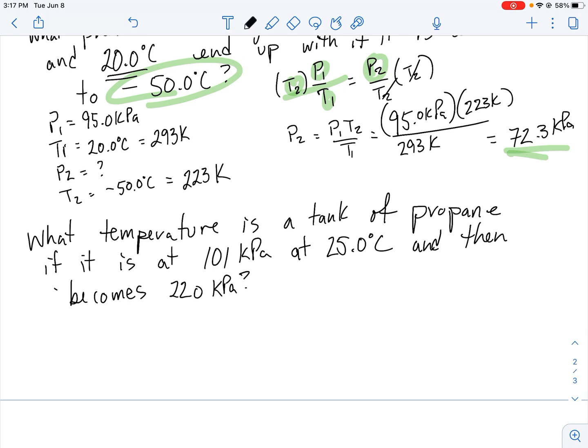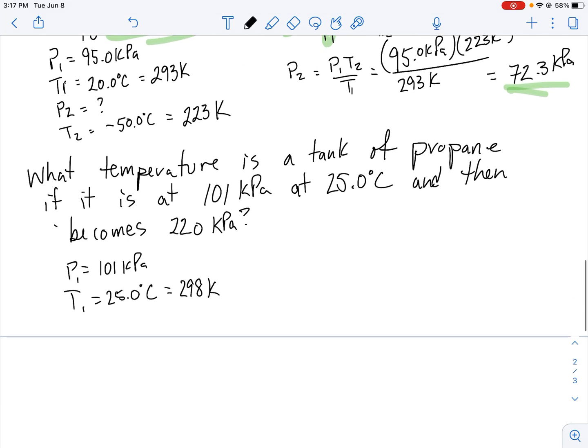The next question I'll do is asking about temperature. So here, what temperature is a tank of propane gas if it is at 101 kPa at 25 degrees Celsius? Those two amounts are connected. We'll call them 1. So this is 298 Kelvin, because I always do my gas calculations in Kelvin.